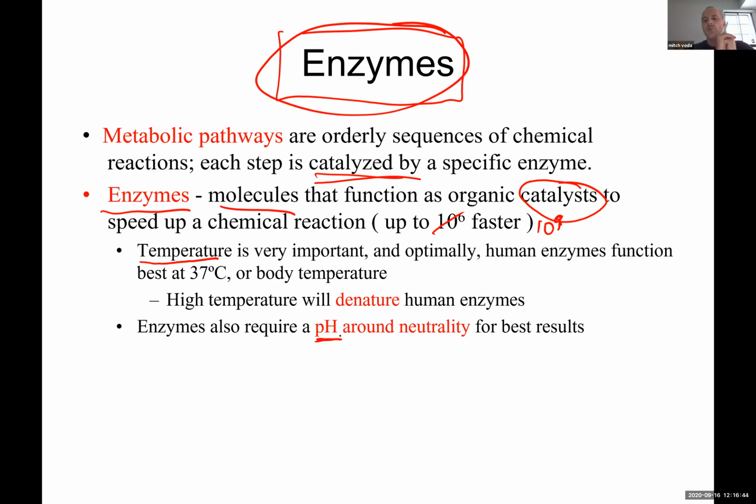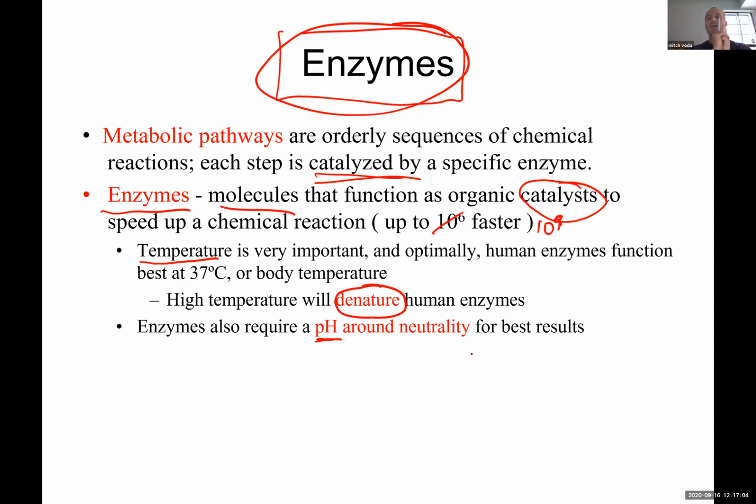It's very, very important for the enzymes. If the temperature and pH keep changing, then the enzymes will be denatured. Denatured means that an enzyme that takes a certain shape will take a different shape.